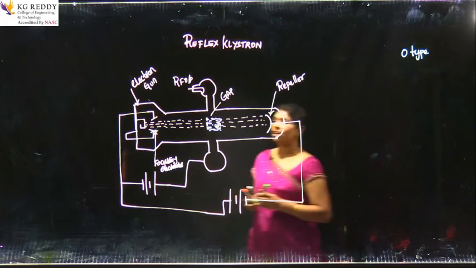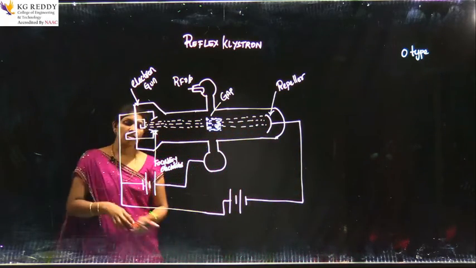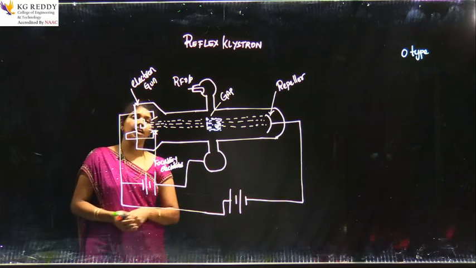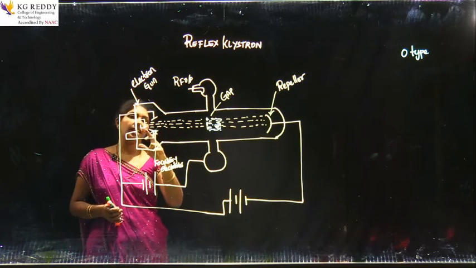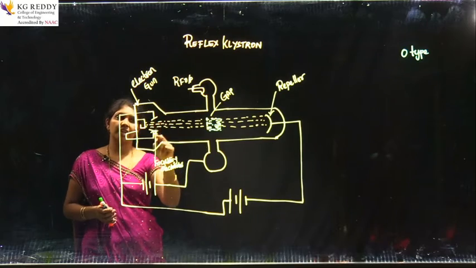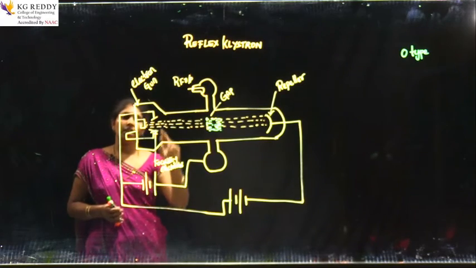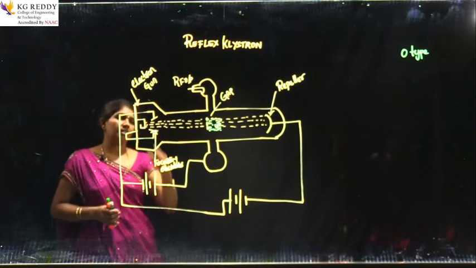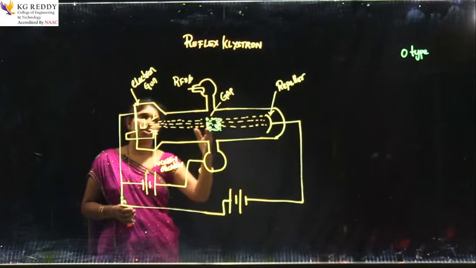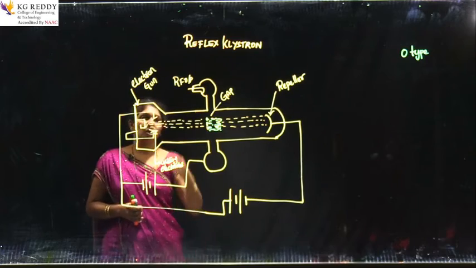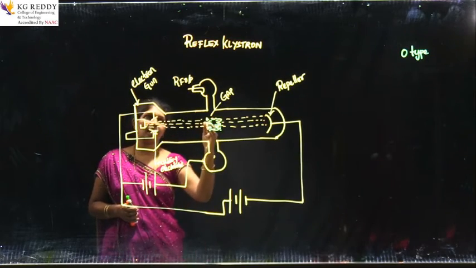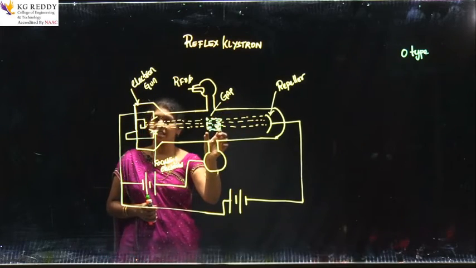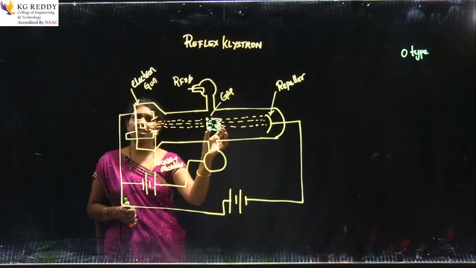Now, this is the working of reflex klystron. Because of this negative terminal, the electron gun is activated and it emits the electrons. The emitted electrons are monitored by the two focusing electrodes, which make the electrons move in a straight line. The electron beam is directed towards the repeller. When the electron beam interacts with the RF signal in this gap, bunching and velocity modulation take place.